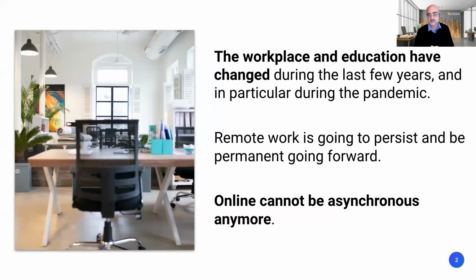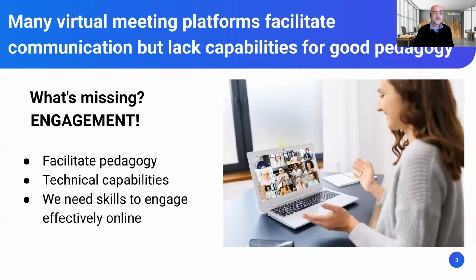In particular, over the last couple of years, the workplace and education have changed dramatically due to the pandemic, and some of these changes are here to stay. Overall, in education and workplaces, technology and online activities cannot be asynchronous anymore. There's a very strong need for synchronous communication and for very advanced technology to be implemented.